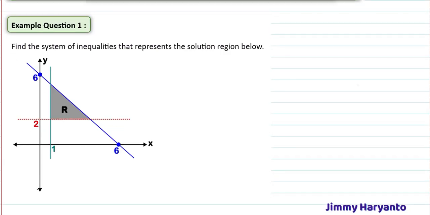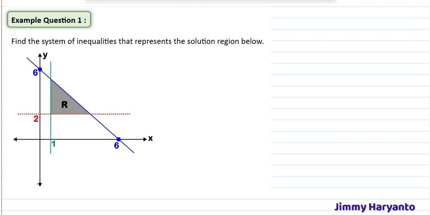Okay, let's try example question 1. Find the system of inequalities that represent the solution region below. The easiest way to determine the system of inequalities is to take a look at the horizontal and the vertical lines.